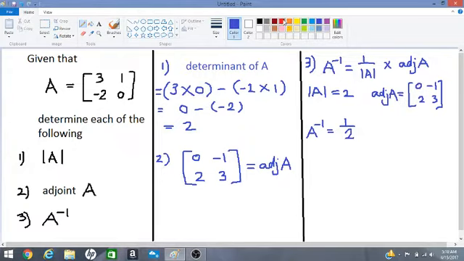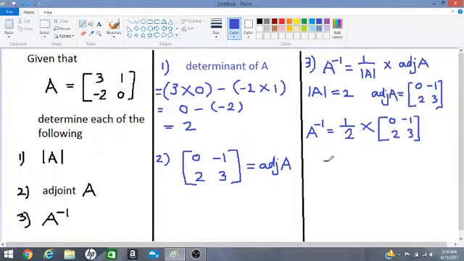Okay, this is the determinant here, which goes there underneath. And we're multiplying that by this matrix 0, -1, 2, 3, which is obtained from here.